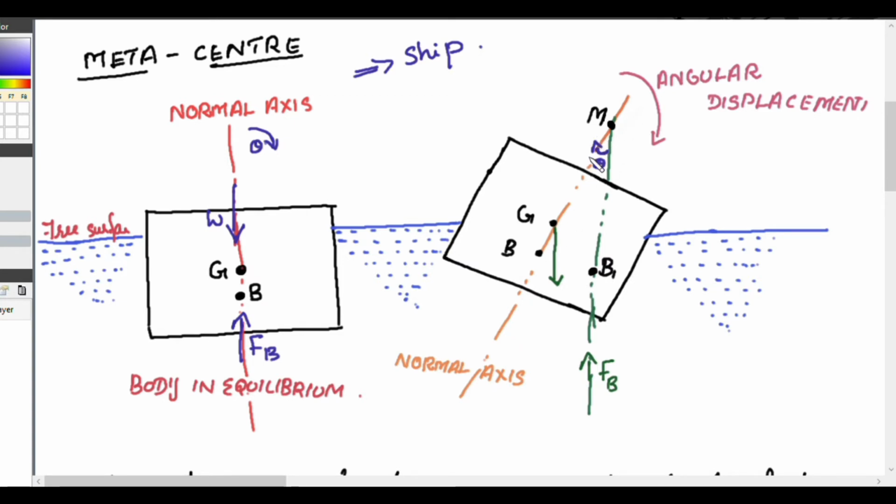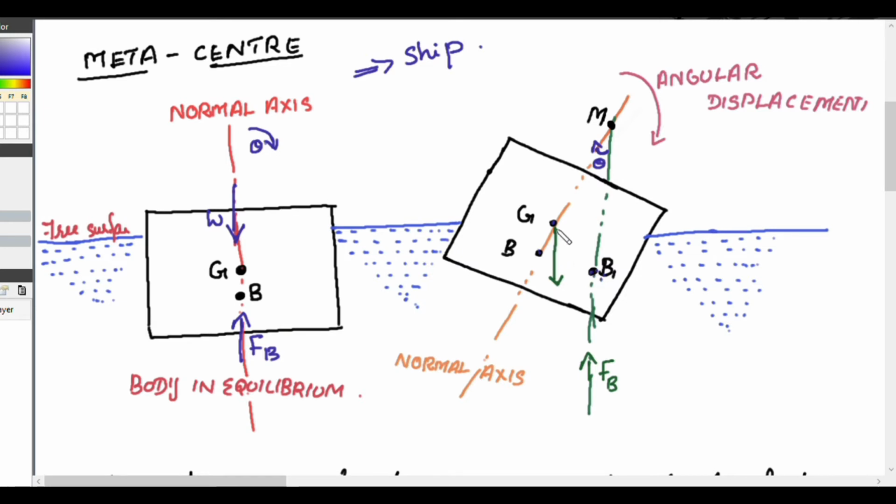So when your normal axis is tilted, your center of gravity lies along the normal axis here, and the center of buoyancy is shifted from B to B1.